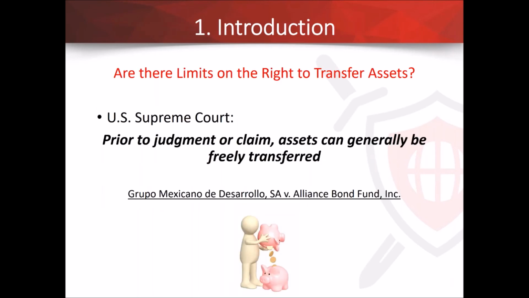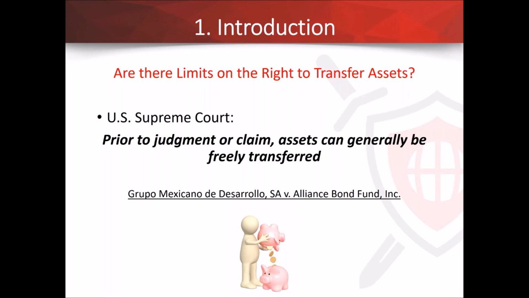Initially, where we start with respect to assets generally and asset protection and what your rights are. And this question comes up, at a basic level, is what are the limits on your right to transfer assets? A fraudulent transfer deals with transferring assets away from the grasp of a creditor or a potential creditor.